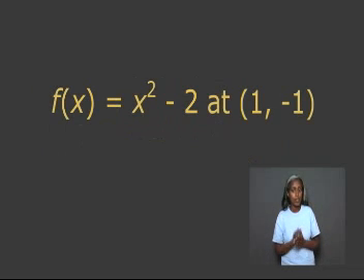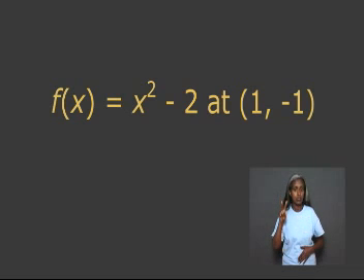For example, let us find the equation of the line tangent to the graph of f of x equals x squared minus 2 at 1, negative 1.